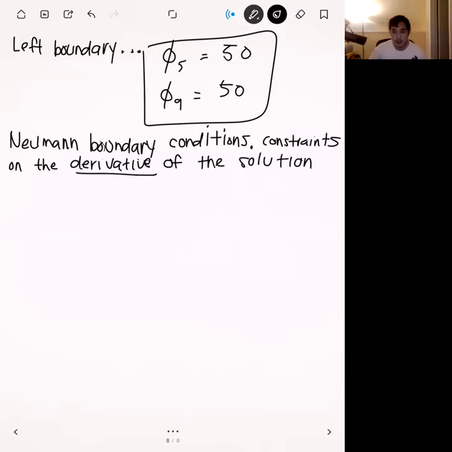What's unique about 2D cases is that the derivative is always taken in the direction normal to the boundary.